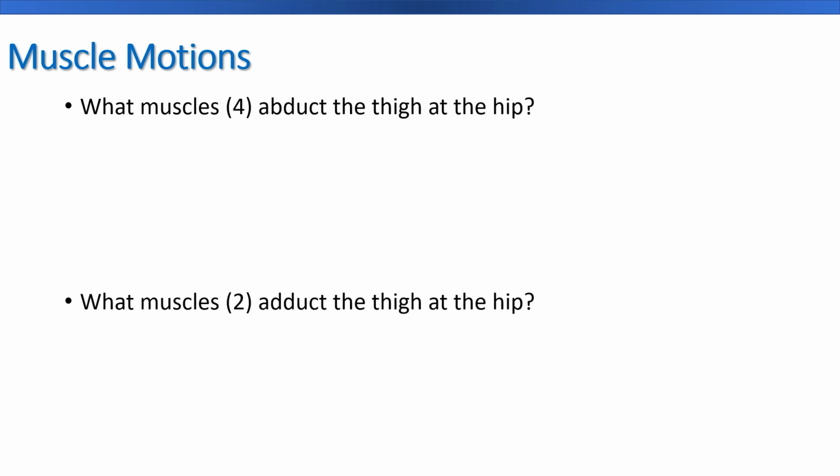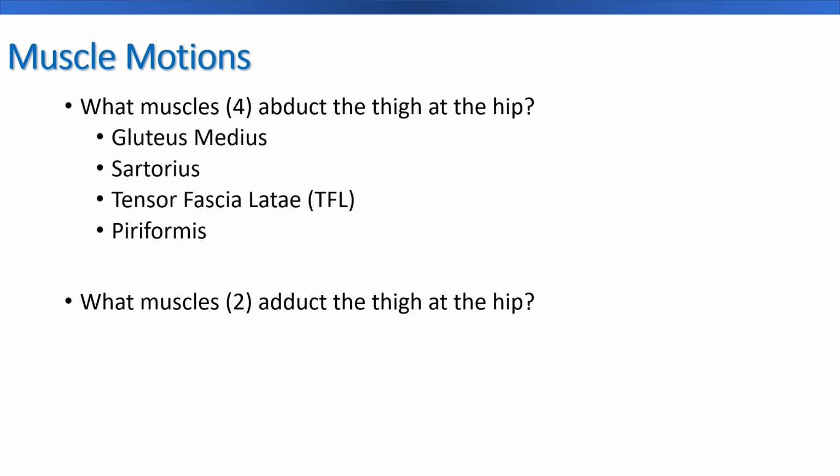Now, what four muscles are going to abduct the thigh at the hip, basically cause it to move away from midline? I've got four of these here. So we've got the glute medius, that's the most lateral. We've got the sartorius, that's that muscle that attaches to the hip bone in front and snakes around the anterior thigh to the medial knee.